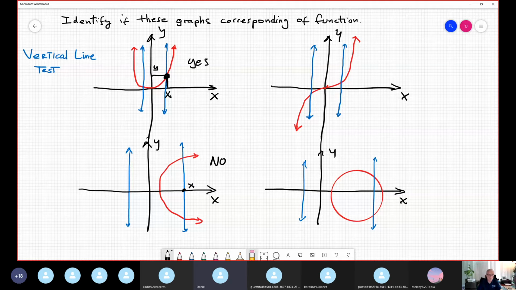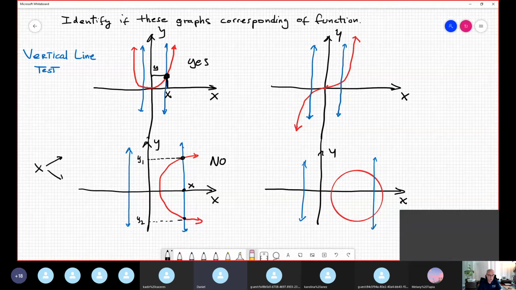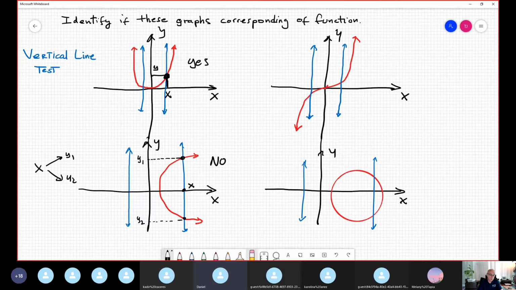In this case, this x corresponds to this y and this y, two y's. How do you visualize this idea? You visualize one x corresponds to y. Look at that, y1 and y2. So it's obvious that it's one to many. No good.